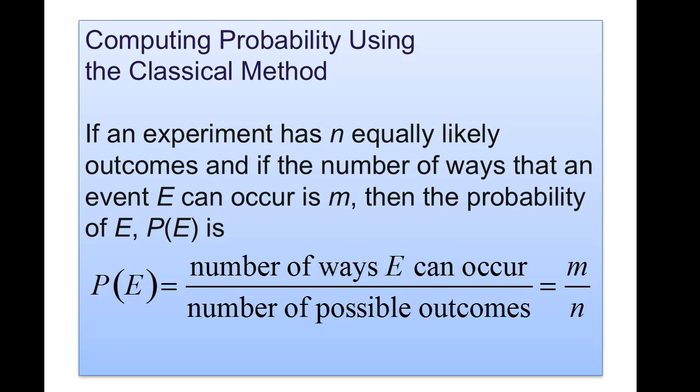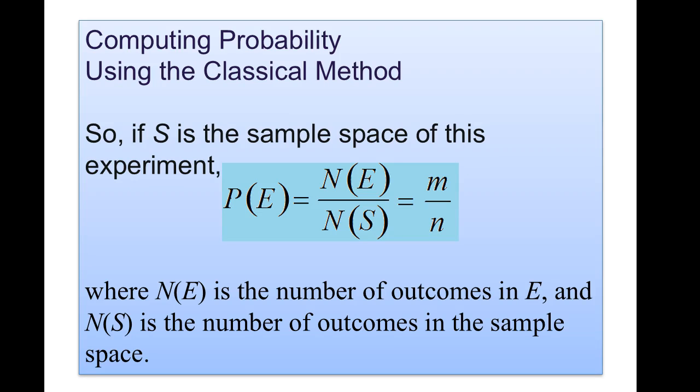In this case, m divided by n. Likewise, we can use a different notation, P of E equals N of E divided by N of S, where capital N of E represents the number of outcomes in E, and capital N of S represents the number of outcomes in the sample space. We get the same result of m divided by n.